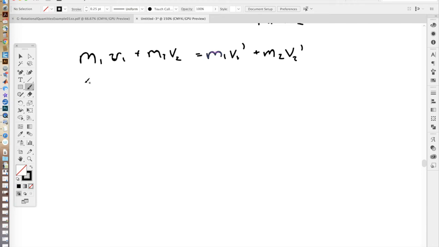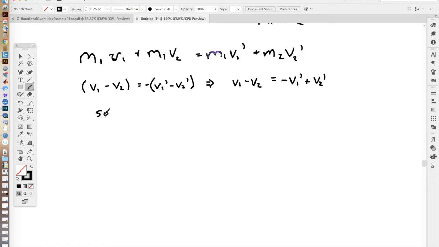Then we would take the relative velocity equation, which is that v1 minus v2 is equal to minus v1 prime minus v2 prime, and rewrite this as v1 minus v2 is equal to minus v1 prime plus v2 prime, just pulling the minus sign inside the parentheses, right?